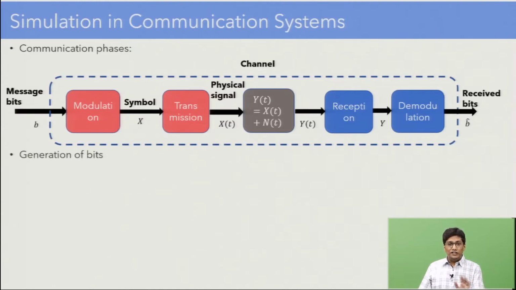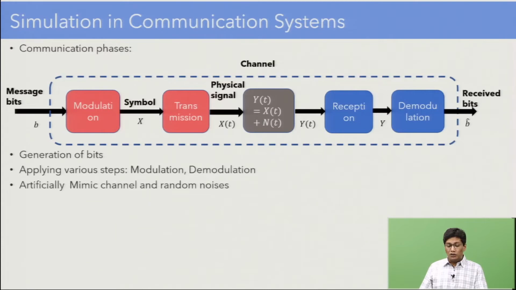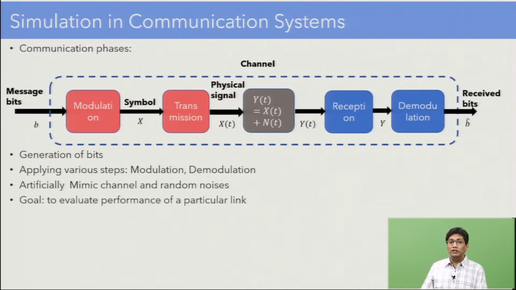So, what is the physics behind it? If you want to simulate it, we need to generate some bits, then we have to apply these steps like modulation, demodulation, and of course, we have to mimic the channel also. The channel may have some random factors. So, you have to mimic these random noises, and probably you have to artificially include noise. And the final goal is to evaluate the performance of the particular link.